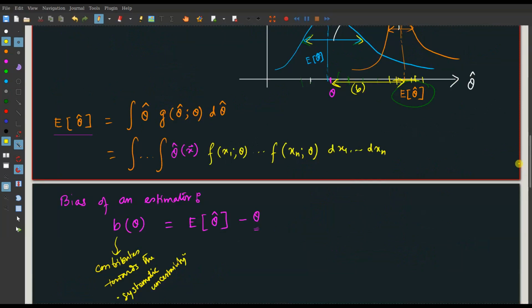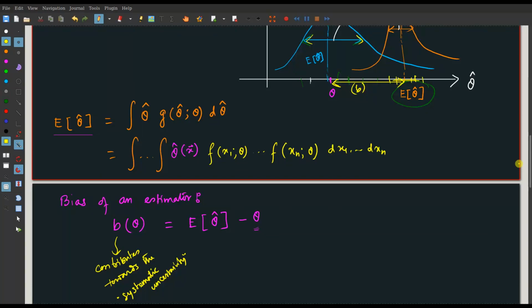But even if you land away from the true value of theta, your estimate for that estimator is statistically very robust, because the sampling distribution is very narrow. Okay, so you might choose in that case, even if that is an estimator with a finite bias, you might prefer that estimator instead of this.